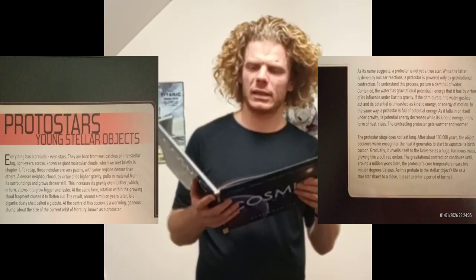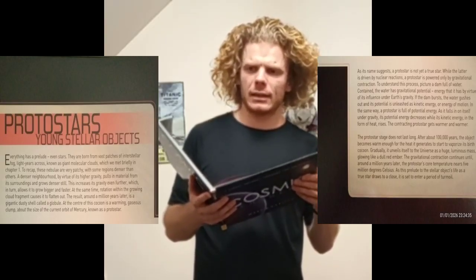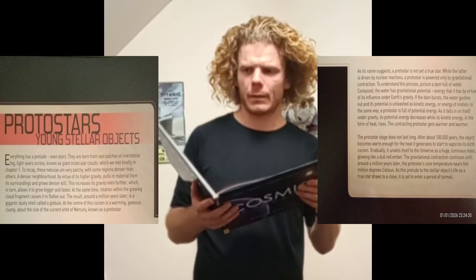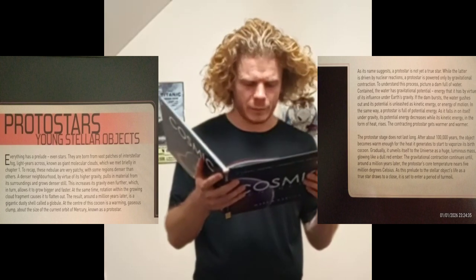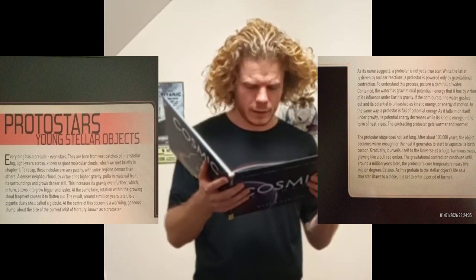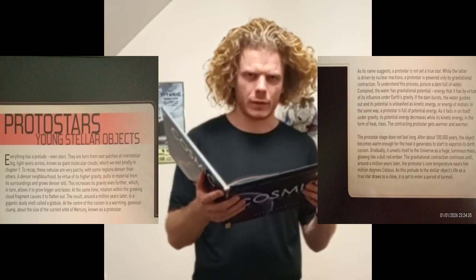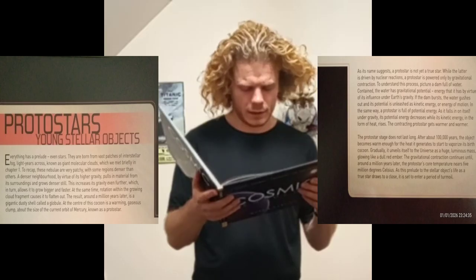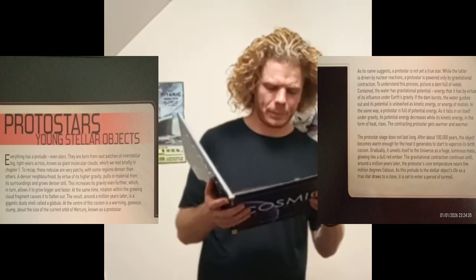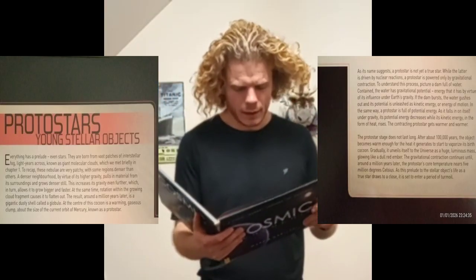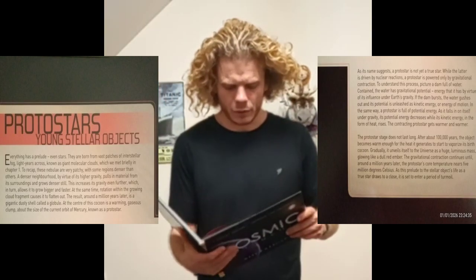Why? Because kinetic energy is just the energy of motion, and it is falling onto itself. And that rises in the form of heat, and that makes the contracting protostar warmer and warmer.